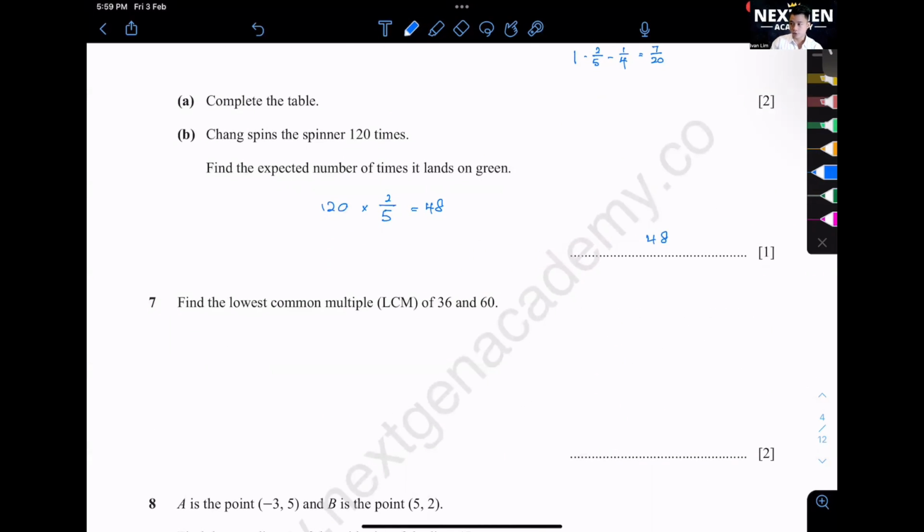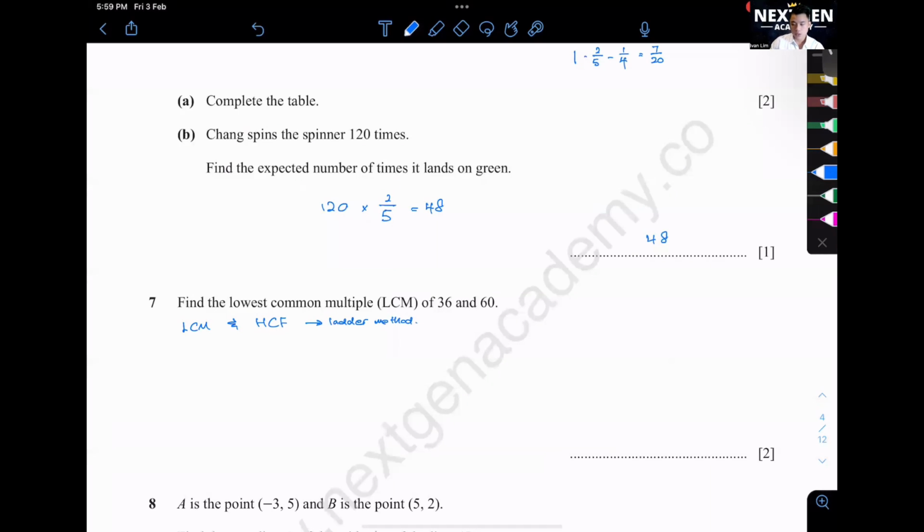Okay, question 7. Find the lowest common multiple, in short LCM, of 36 and 60. What's the method that you all use for LCM and HCF? We will use the ladder method.